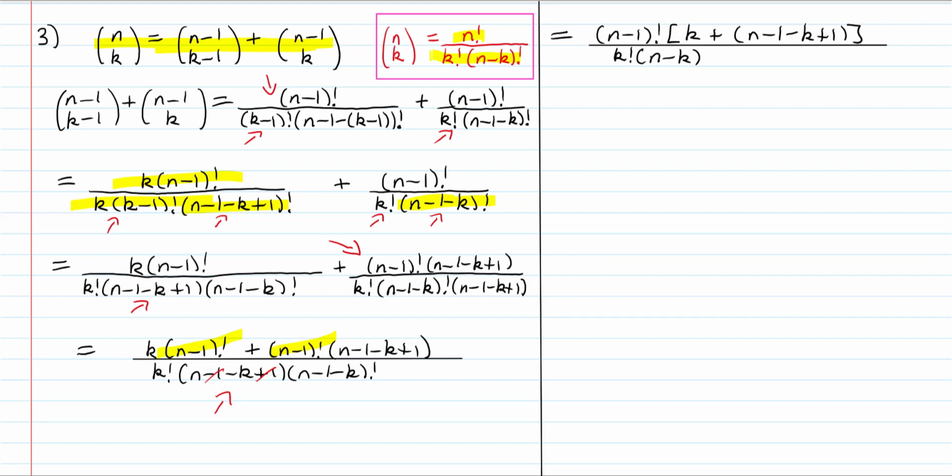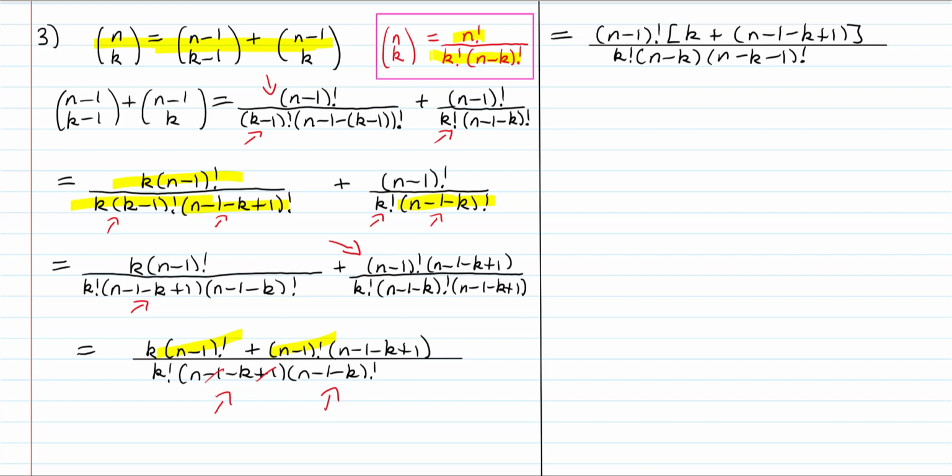And then for our next term, I'm going to write it out as (n-k-1)!, just to make it clear what is going on, because (n-k) times (n-k-1)! is just (n-k)!, so we can simplify that denominator a bit more.